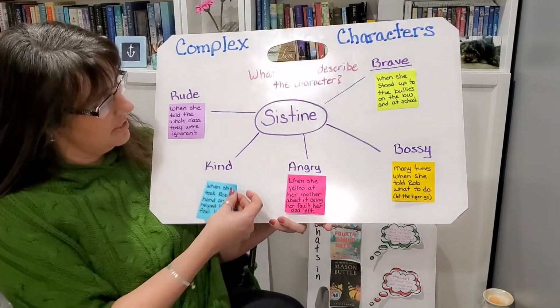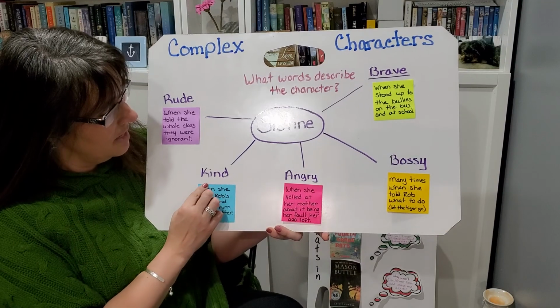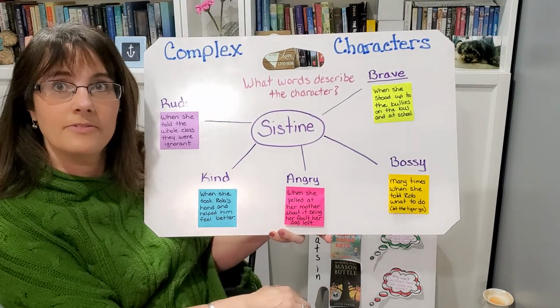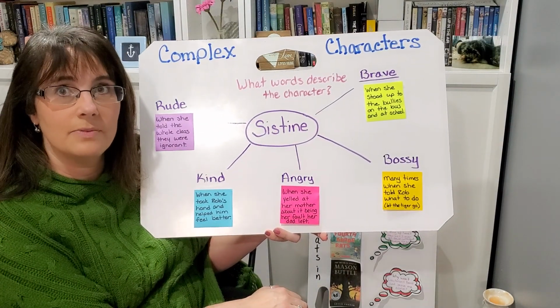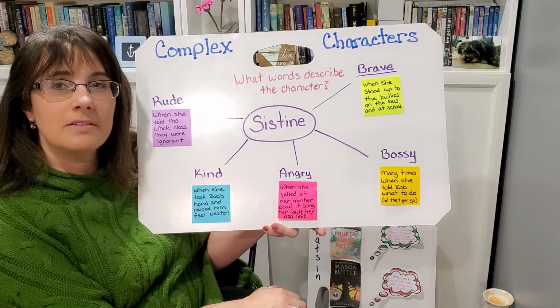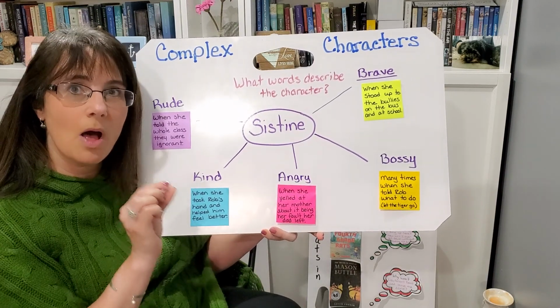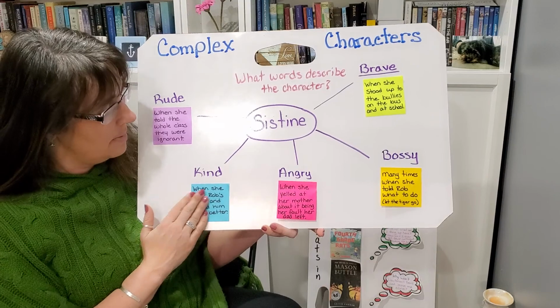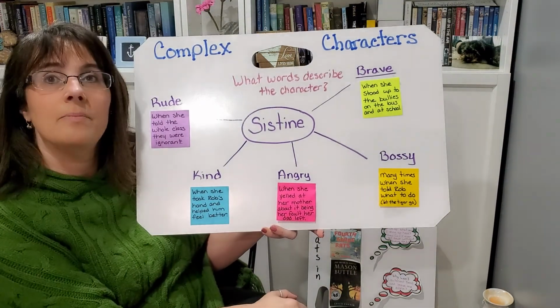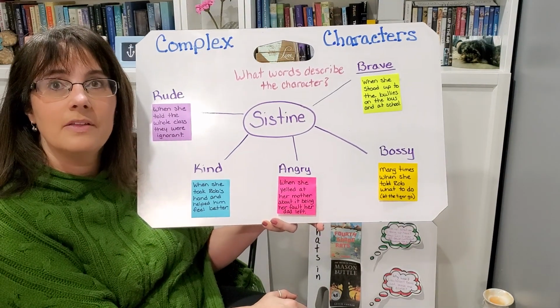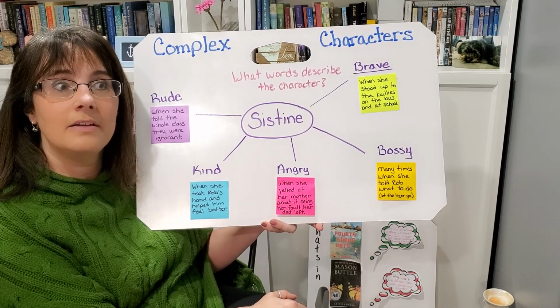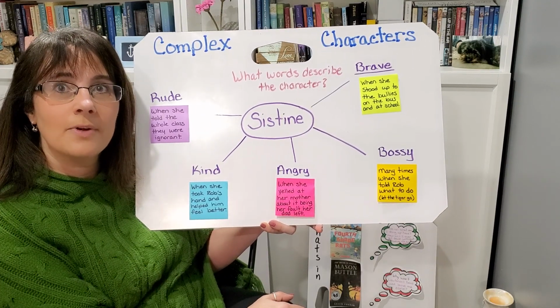And then the last one I put down was kind. This was a side we didn't see very often with her. She showed it subtly, like small pieces of it through the book. But I'm thinking about that time when they were walking back through the woods after they let the tiger go, and she reached out and grabbed Rob's hand.